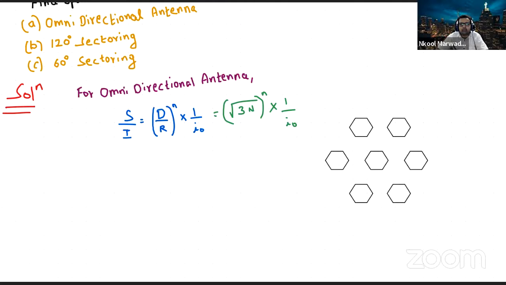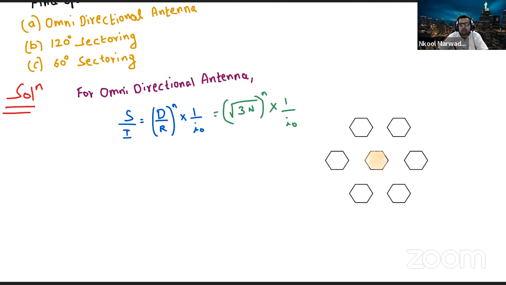Let this be the main base station we are focusing on, and let these be the other base stations. Like this green, these are the cells, and we call them the co-channel. Why do we call them the co-channel?